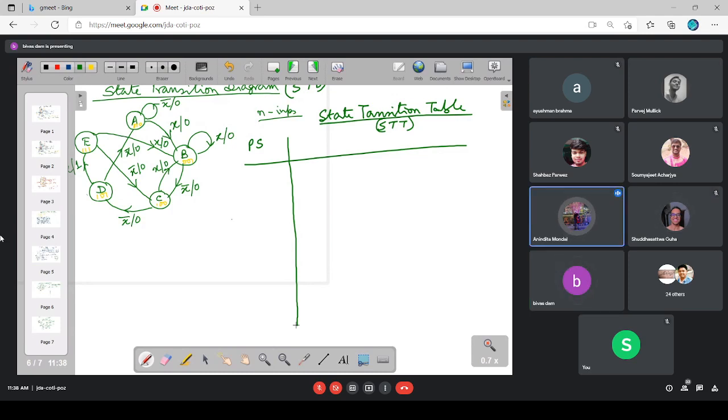D flip-flop. D will be the most trivial one, so I'll not go for that one. So let me go for the T flip-flop. T for toggle. Okay. So I'll be using T flip-flop. How many T flip-flops would be required? 3.